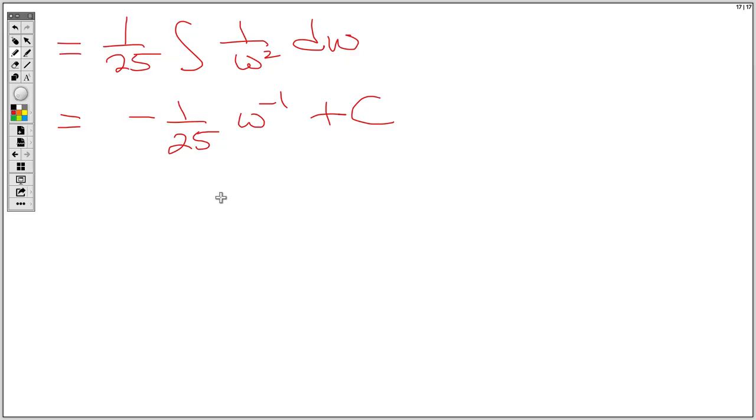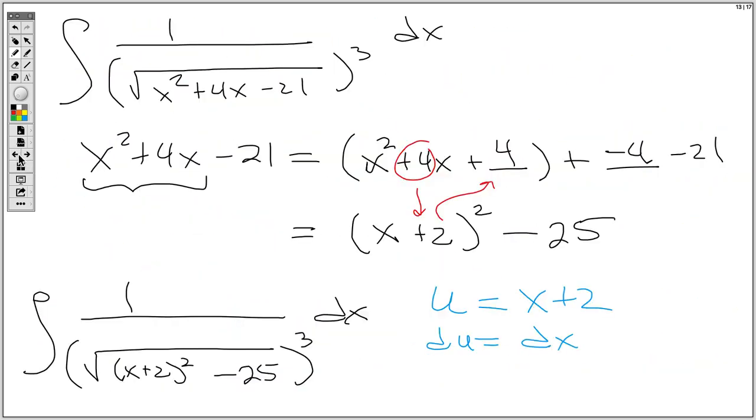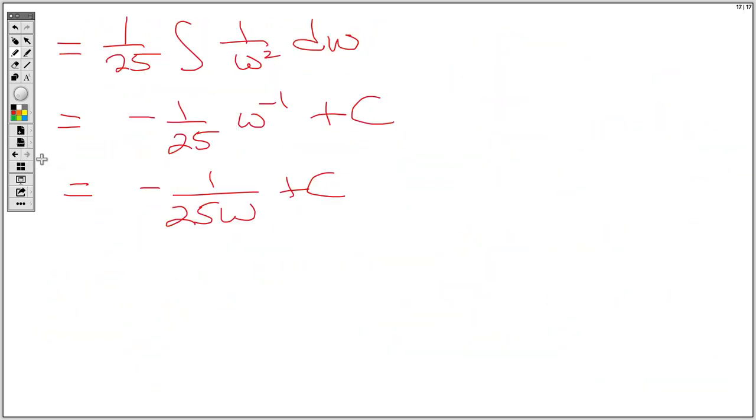So now we've got to work all of this backwards. Once again, that negative exponent really means the w is in the denominator. It's an indefinite integral, so we've got to take it all the way back to x's.